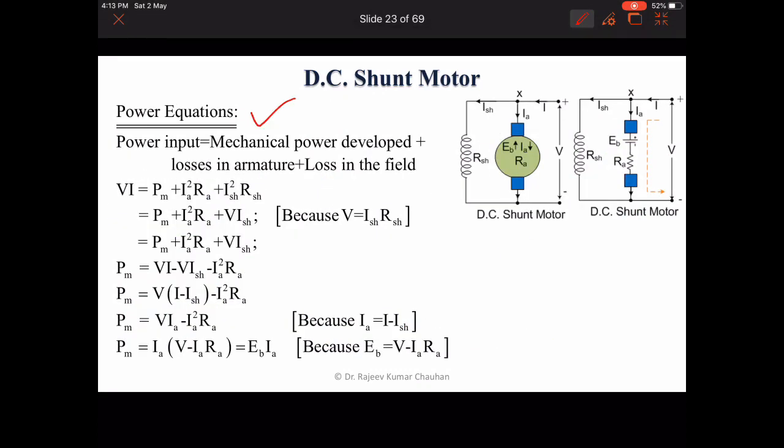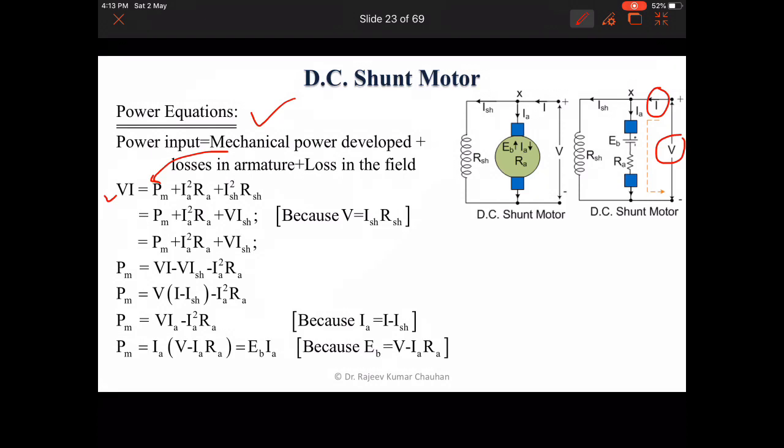Power equation of the DC shunt motor. Power input is equal to mechanical power developed plus losses in the armature plus losses in the field. We know the voltage is V and the current is I, so the power input is VI. Mechanical power developed is represented by PM.